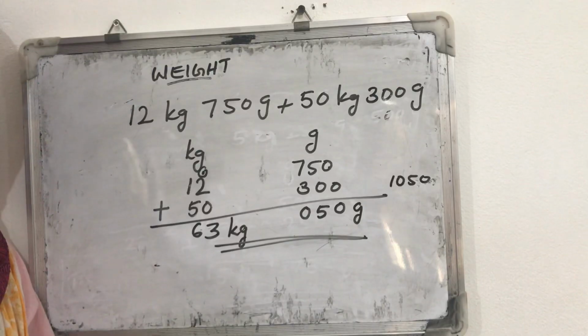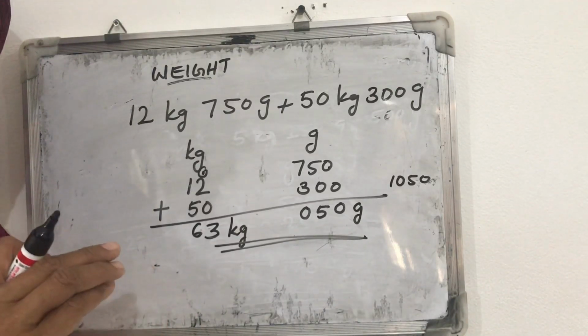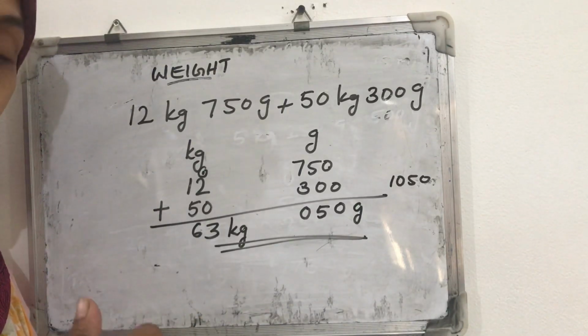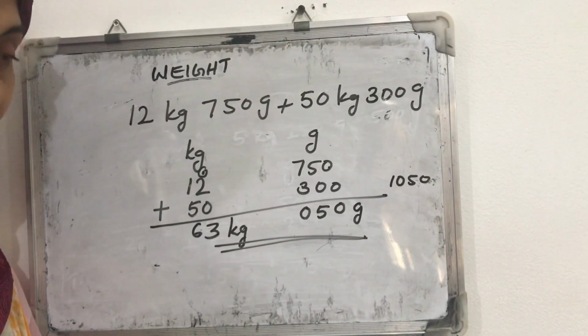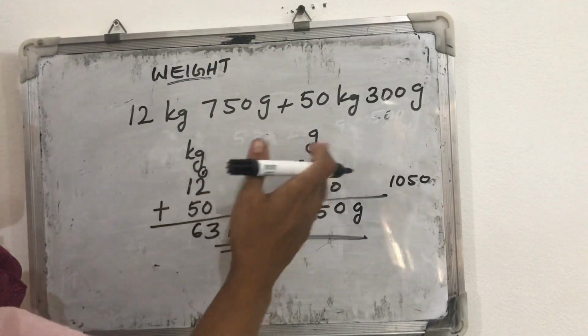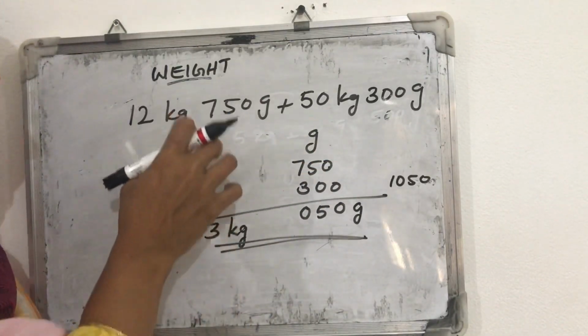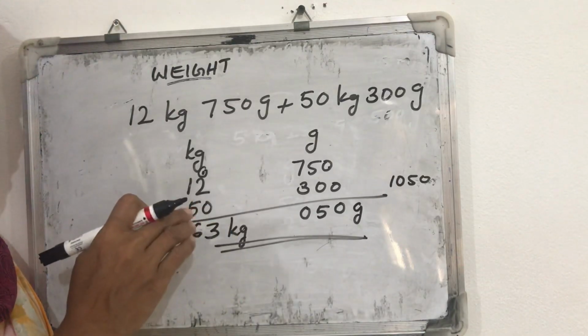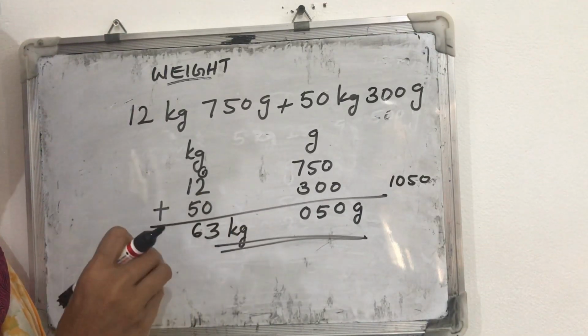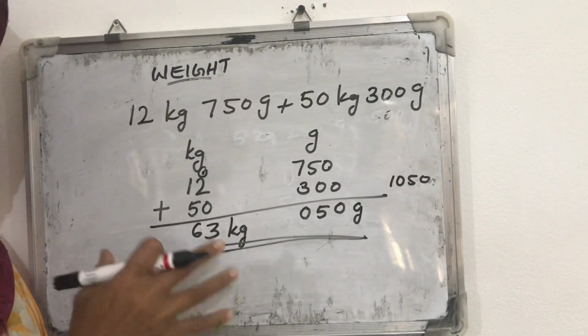So to convert kilogram into gram, we multiply the given weight with 1000. Then we can add kilograms and grams by arranging them in columns of kilogram and gram, just like adding length, we can add weight also.